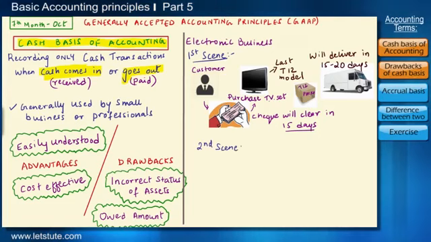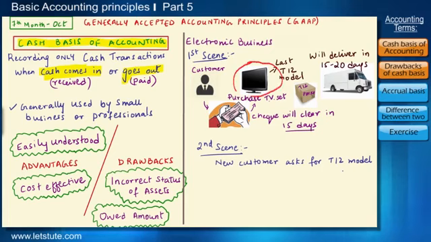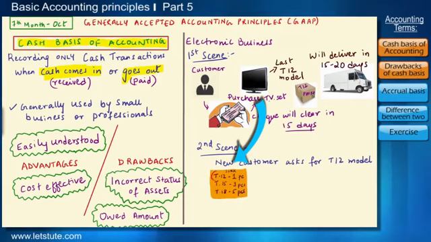Let's see the next scene. Now, after a few days, there is another customer in this store looking for that same television model. Now, that model has already been sold to the first customer physically, and it is already in the delivery stage. But due to no records kept on paper, it may still be showing as available.